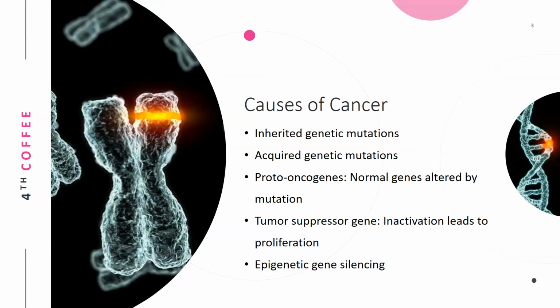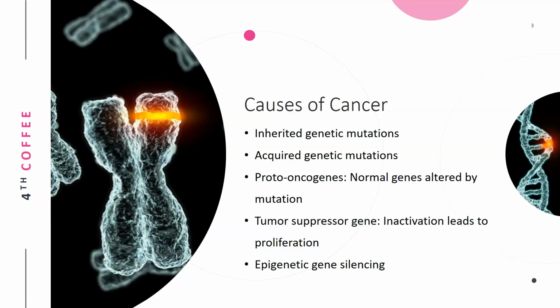So again, the causes of cancer: inherited genetic mutations. There are certain mutations that make you a little bit more likely to have it, for example, the BRCA gene for breast cancer. Acquired genetic mutations could be acquired through environmental exposures. Proto-oncogenes are normal genes that are altered by mutation and then become cancerous.